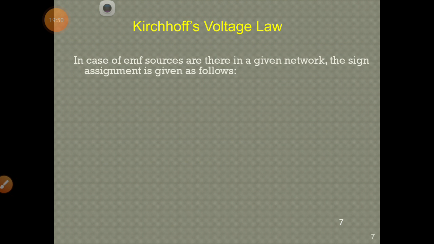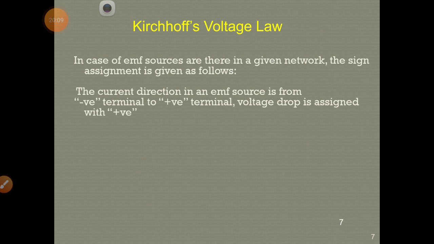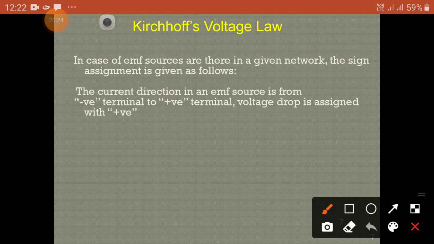Now in the case of EMF sources, we have seen the voltage drops across resistors. Now you can see the voltage direction at the point of the sources. When EMF sources are present in a given network, the sign assignment is as follows. The current direction in an EMF source is from the negative terminal to the positive terminal, and the voltage is assigned as positive.